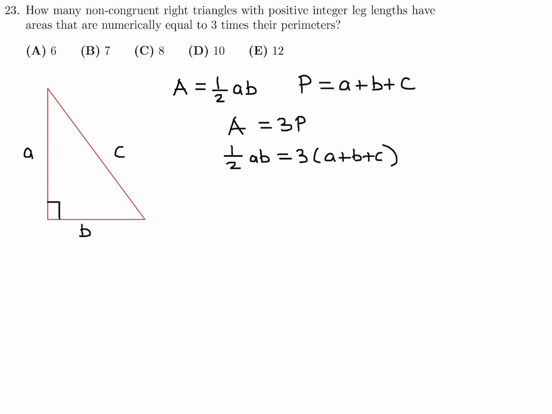And then also, because it's a right triangle, we know that A squared plus B squared is equal to C squared. So these are our equations. Most of them have been given to us from the question, and we have to somehow figure out all the possible triangles that satisfy all of this. Okay, where do I go from here?